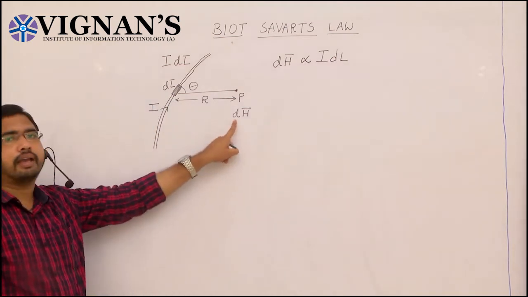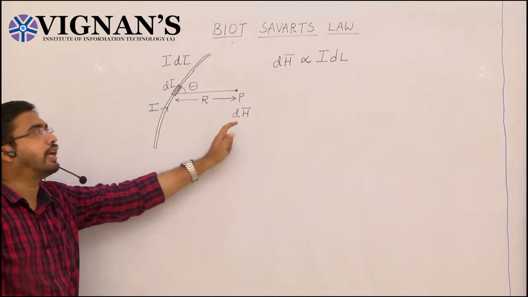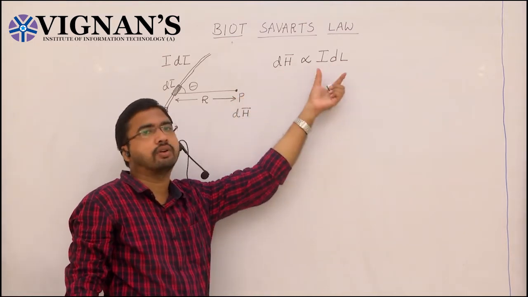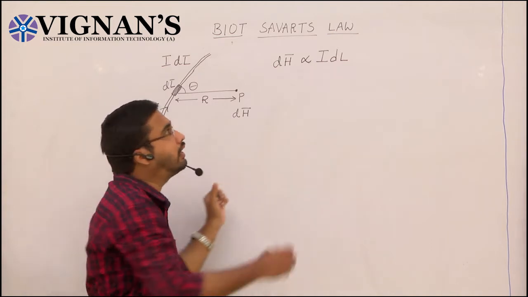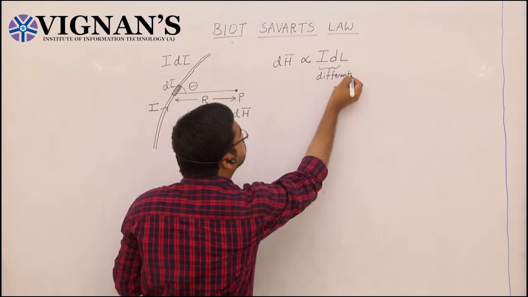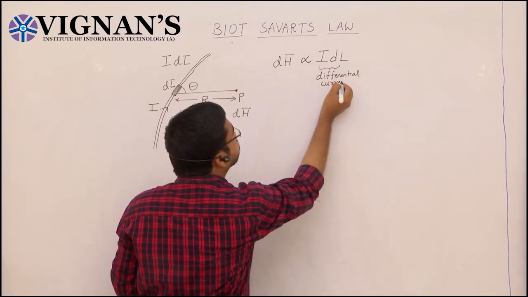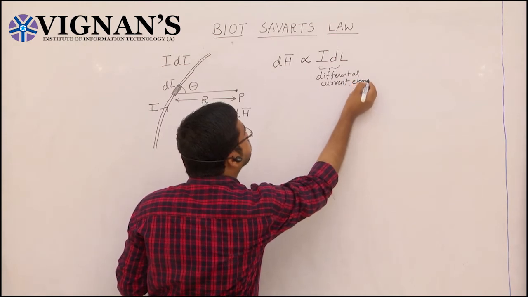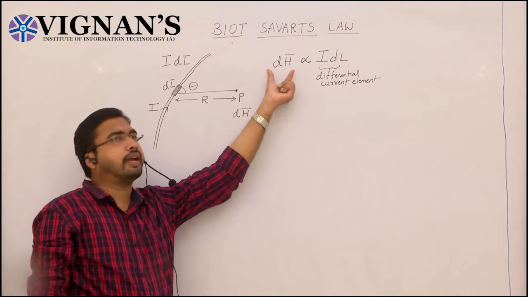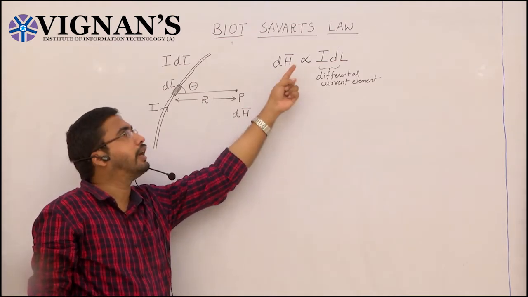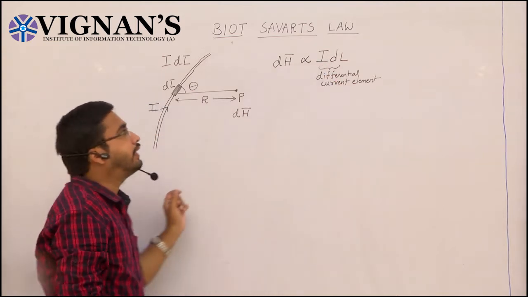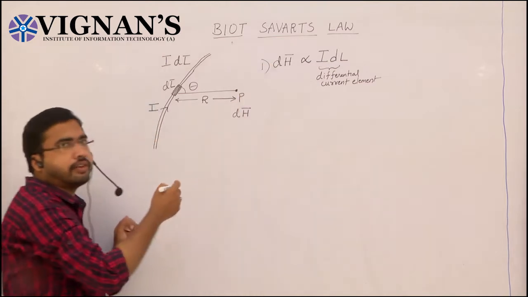This differential magnetic field intensity dH is directly proportional to the product of the current and the differential length, which is called the differential current element. This is the first observation they took.